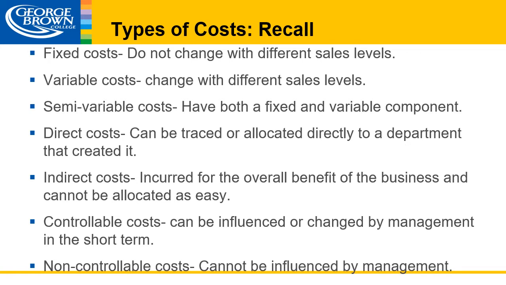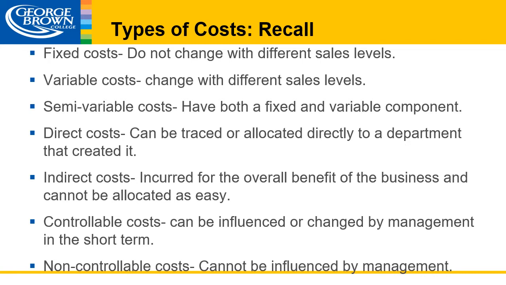An indirect cost is incurred or generated for the overall benefit of the organization, and cannot be allocated very easily, right? I think we'll agree that back of house labor can be to some degree allocated to food sales, but you can't do the same thing with front of house labor, because front of house labor runs the food, runs drinks, makes the drinks, serves guests, things like that.